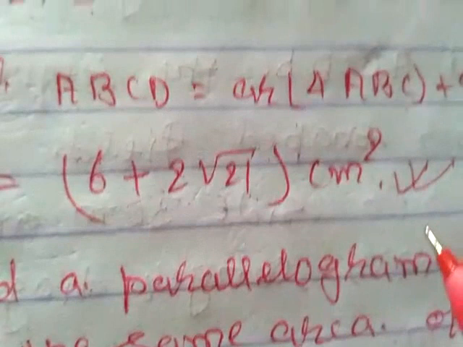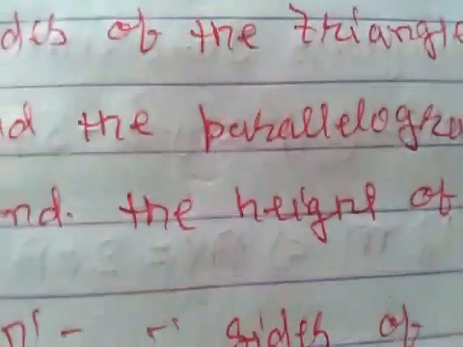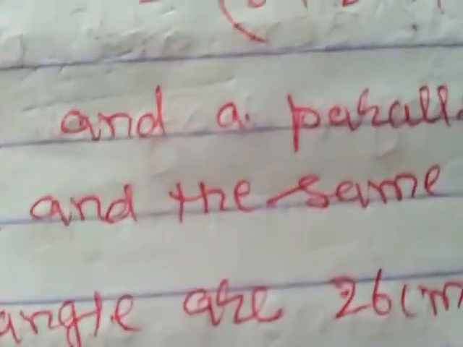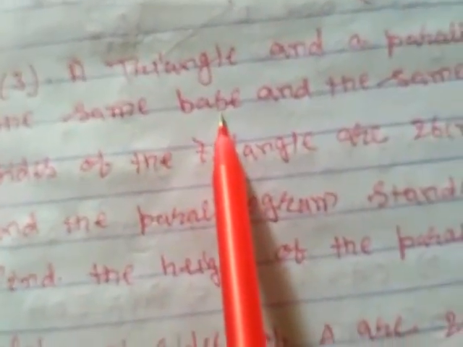Now let's see another question from this chapter. A triangle and a parallelogram have the same base and the same area.